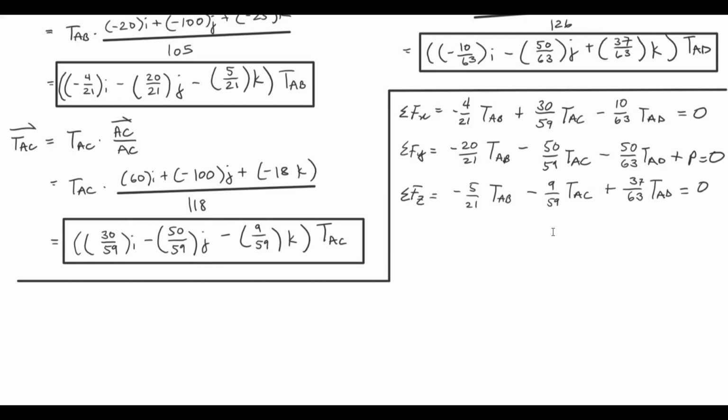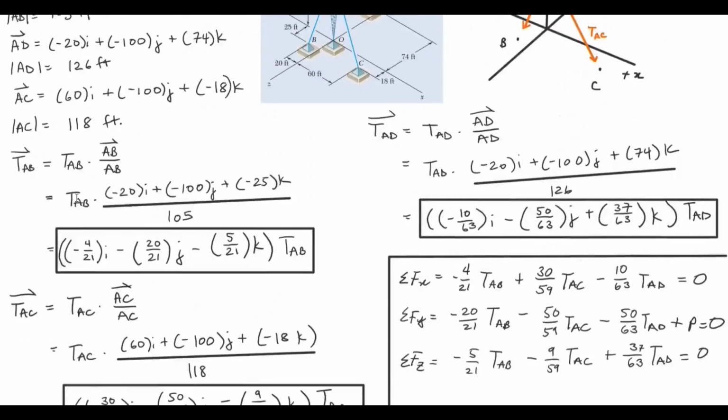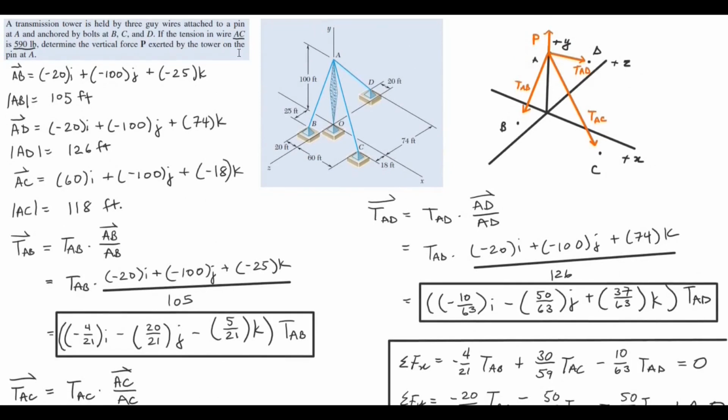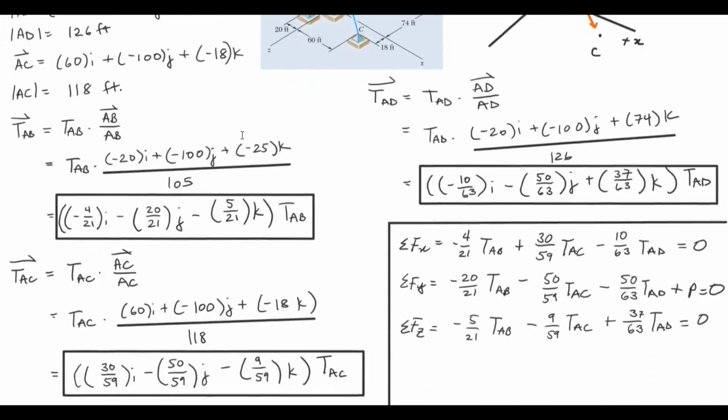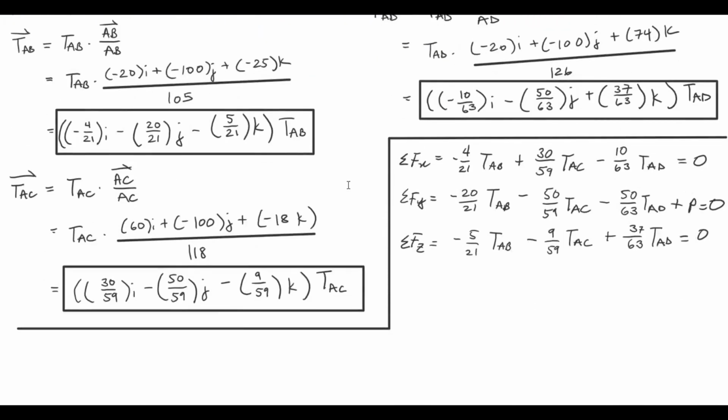So the sum of the forces in the z direction is equal to minus 5 over 21 times tension AB, minus 9 over 59 times tension AC, plus 37 over 63 times tension AD, which is equal to 0. It's given to us in the problem that wire AC is 590 pounds. Therefore, in this case, we have 3 unknowns and 3 equations.